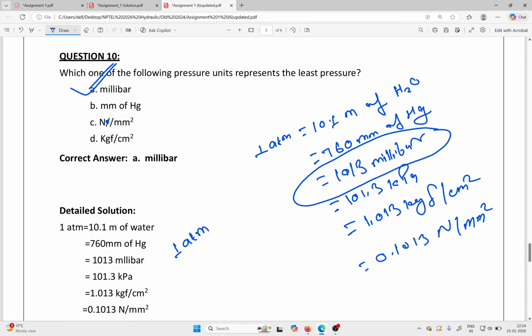Just focus on the number: the more number is having millibar.